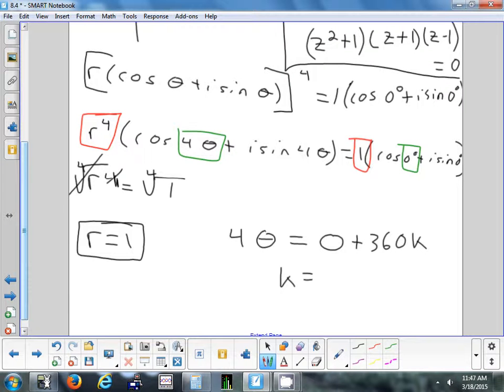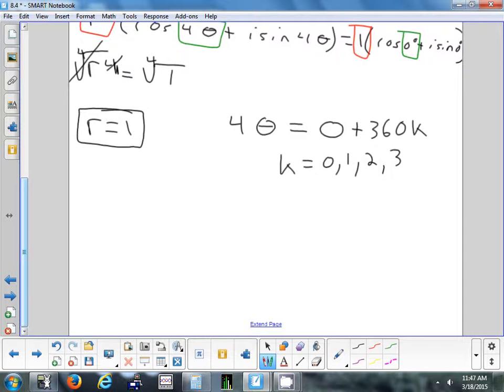What are the 4 values that I'm going to let k be? 0, 1, 2, 3. So now just write out what this all says. In fact, one other thing we could do here is divide each side by 4, just to get theta by itself. 360 divided by 4 is 90.